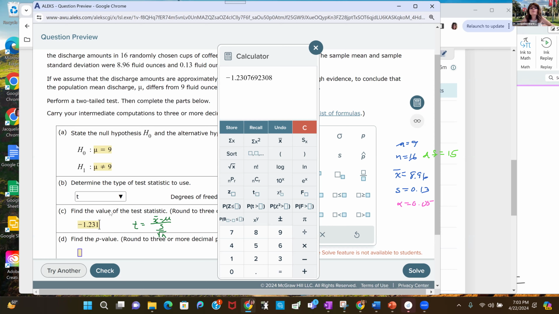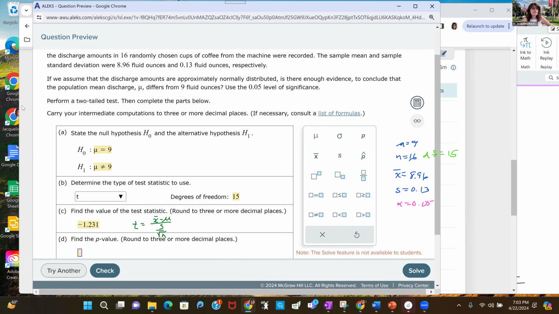Negative 1.231. Okay, so this is a two-tailed test. We have a test statistic here of negative 1.231. But in a two-tailed test, I have to also cut off the tail with positive 1.231.